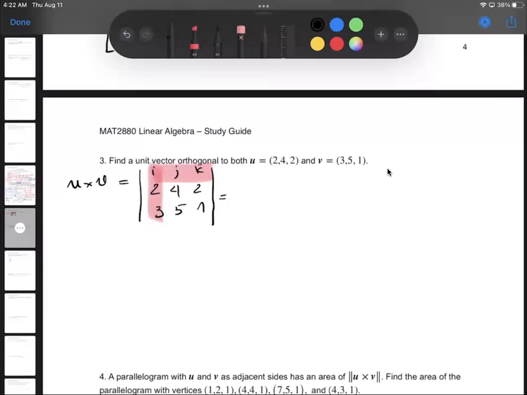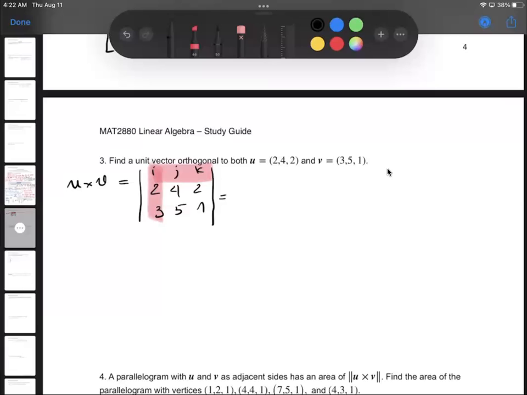Number 7, prove whether the function is a linear transformation. If it is, then find phi's standard matrix. Now, how do I prove something is a linear transformation? If you want to prove something, your best bet is to go back to the definition. Right?